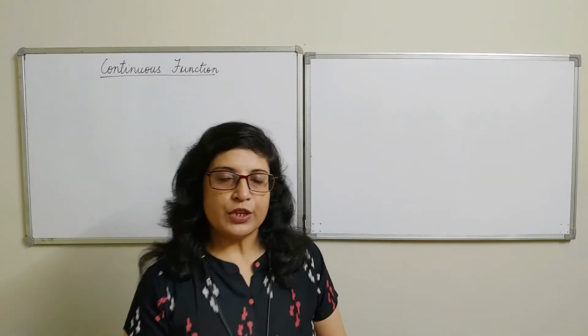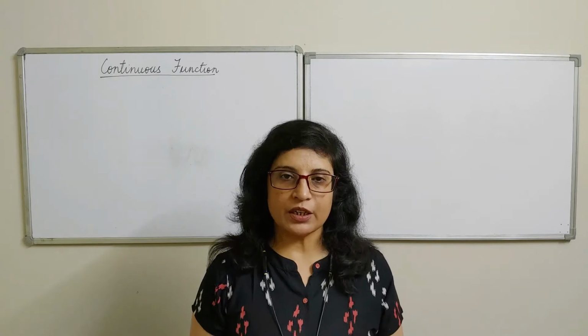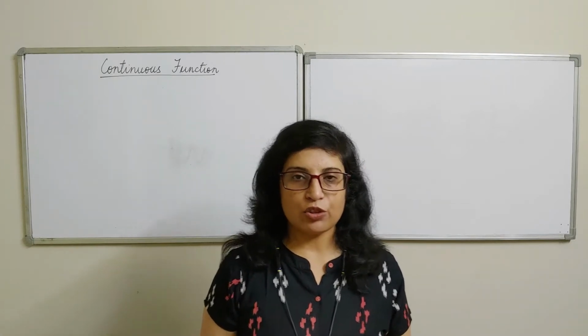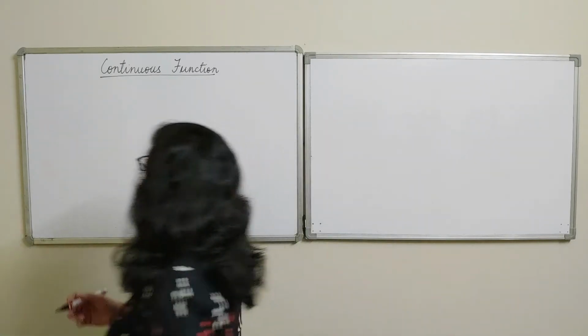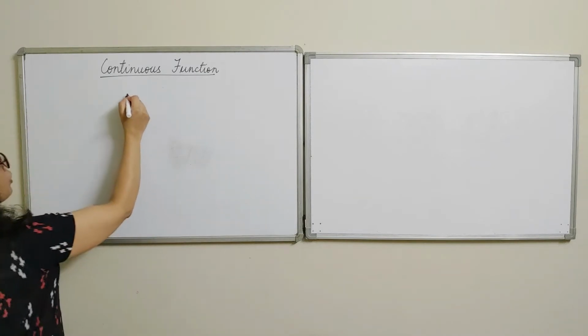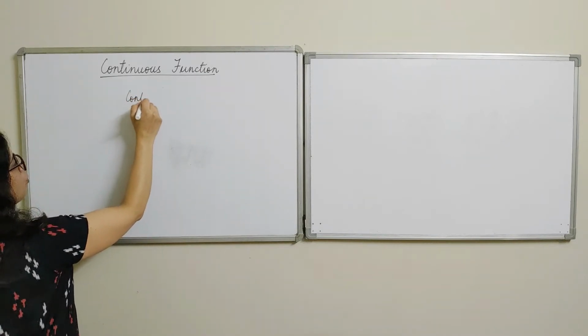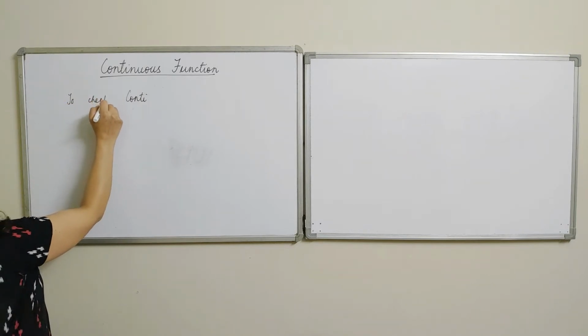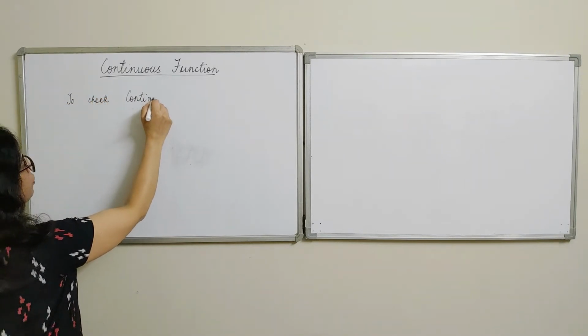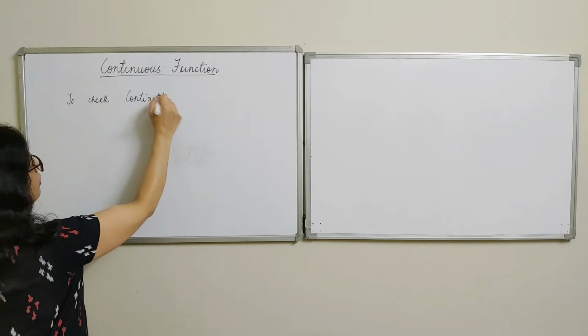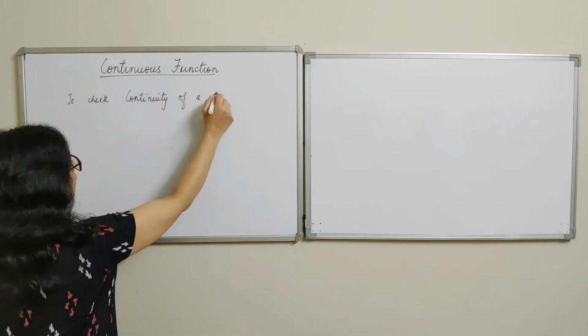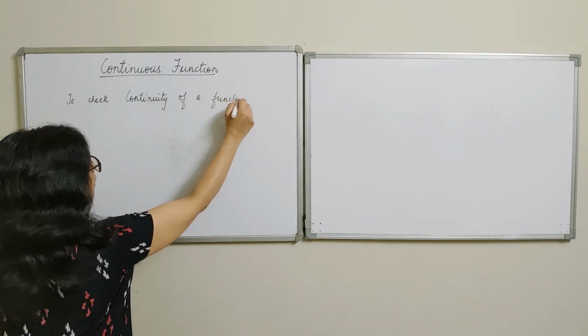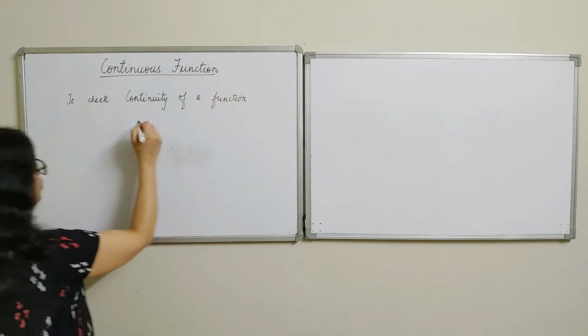Now to find out whether a function is continuous, we come across basically three kinds of questions. To check continuity of a function, we may come across three different situations.